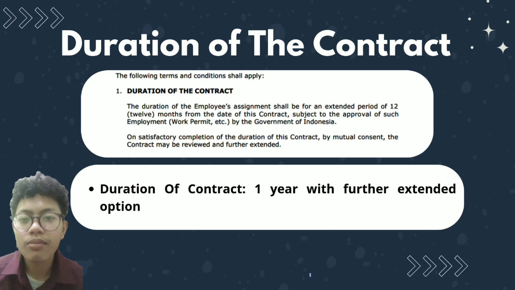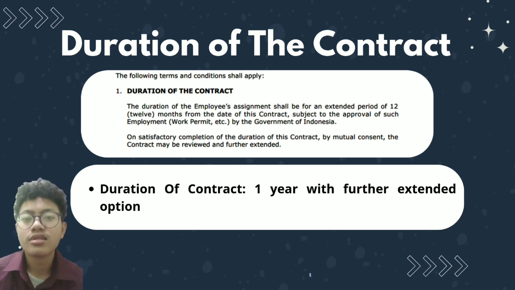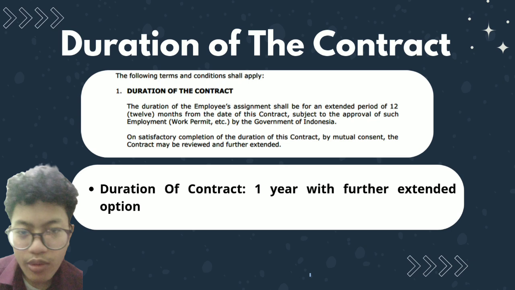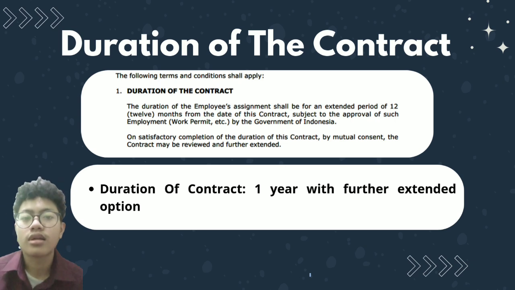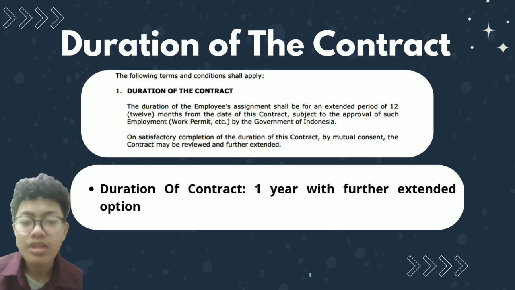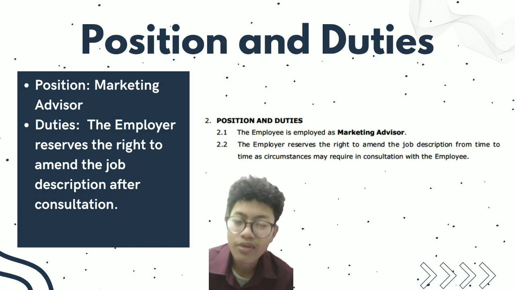We move on to the points within the agreement. The first point discusses the duration of the contract, which specifies when the contract will end or how long it will remain in effect. In this employment contract, the duration is set for 1 year with an option for renewal. The second point outlines the position and the duties the employee will perform.